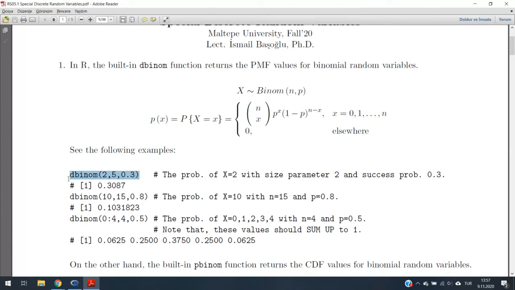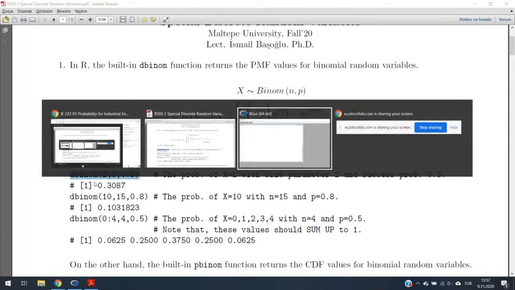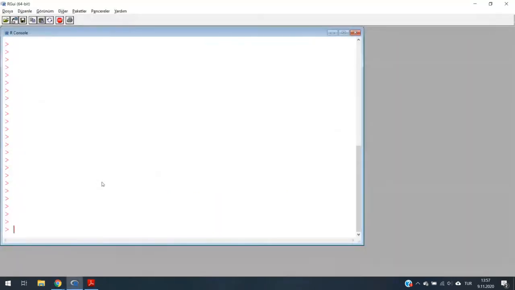Now, if you just copy this command into R, it will calculate this binomial random variable's probability mass value at 2. Basically, what I am trying to calculate here is the probability of x being equal to 2, where x is a binomial random variable with size parameter equal to 5 and success probability equal to 0.3.